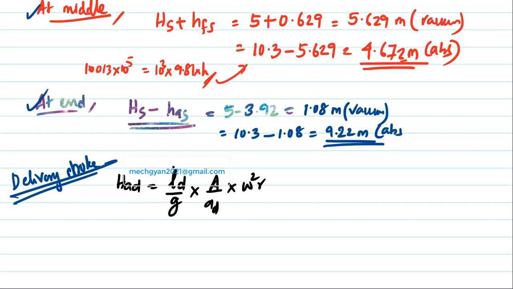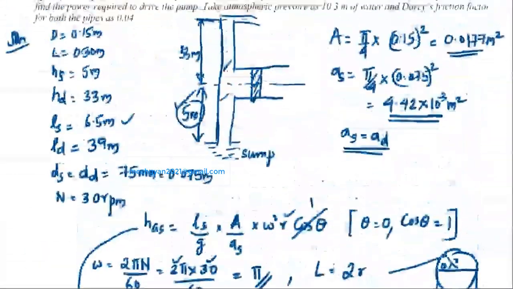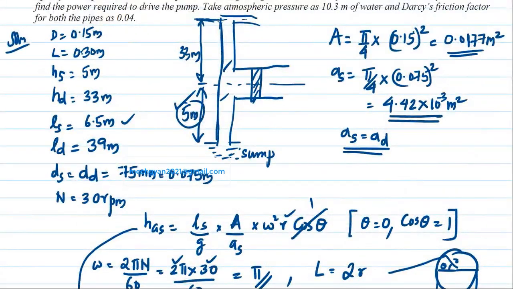square r. So length of delivery pipe, if we look here, length LD is 39, diameter of delivery pipe 0.075.